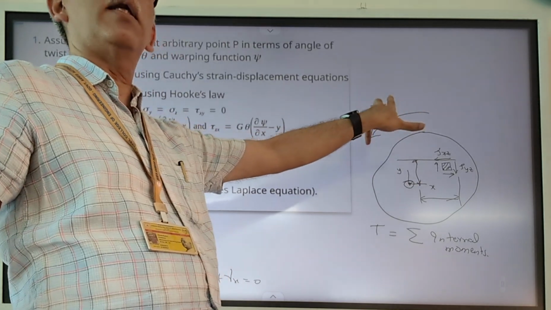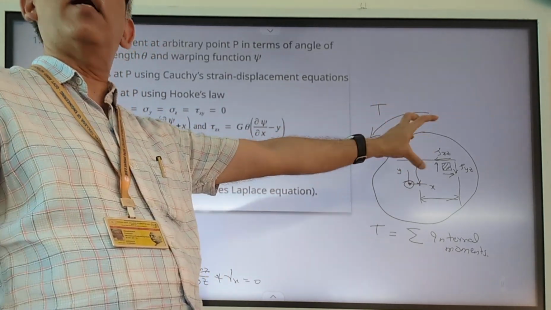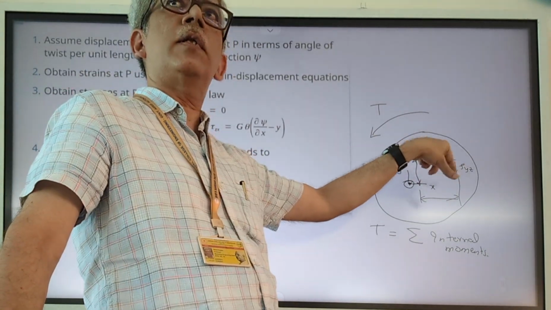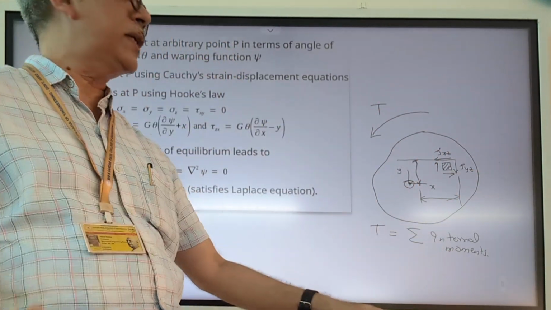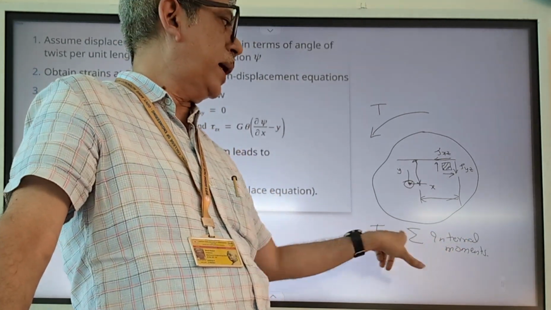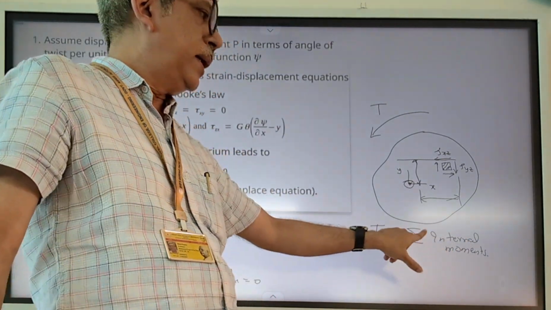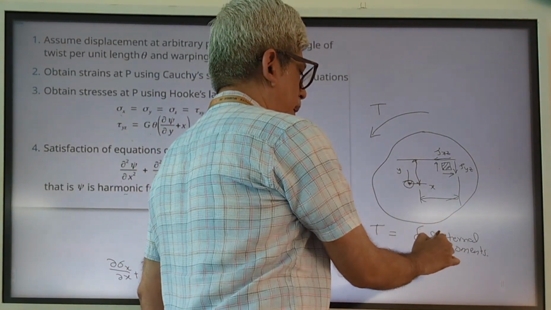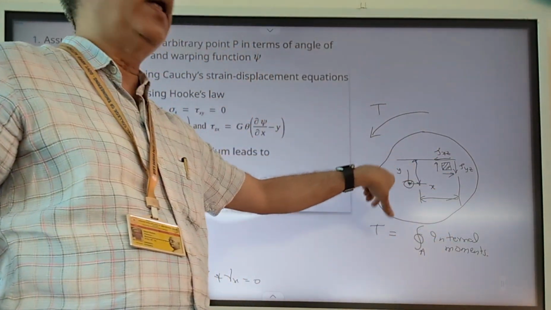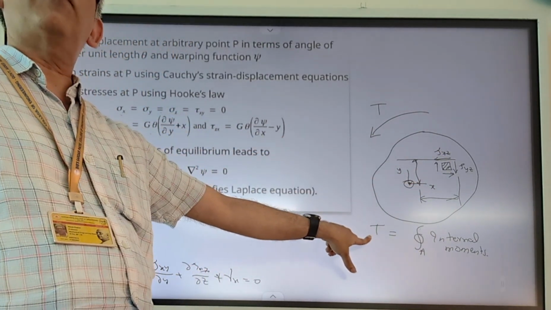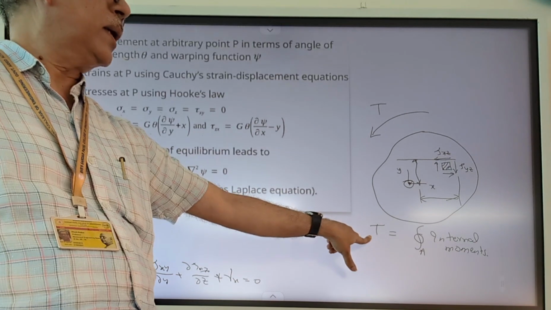When you subject the body to external torque, the inside material resists that moment and generates these stresses. These stresses are nothing but internal forces, which generate internal moment. If you add all the moments, in short, instead of summation, it will be the area integral over the entire region, and you will get the torque value for this body.